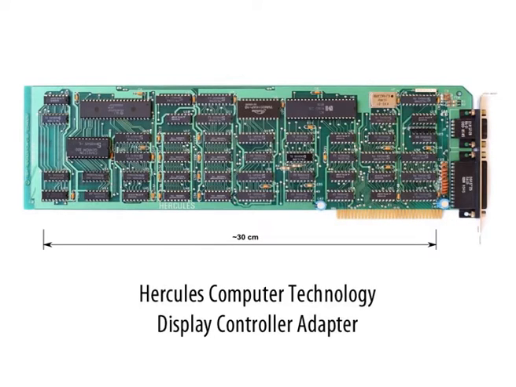A competitor company, Hercules Computer Technology, in 1983 introduced a display controller card which combined IBM's text only MDA display standard with a bit mapped graphics mode. It became de facto standard on IBM PC compatible clone computers in later years.